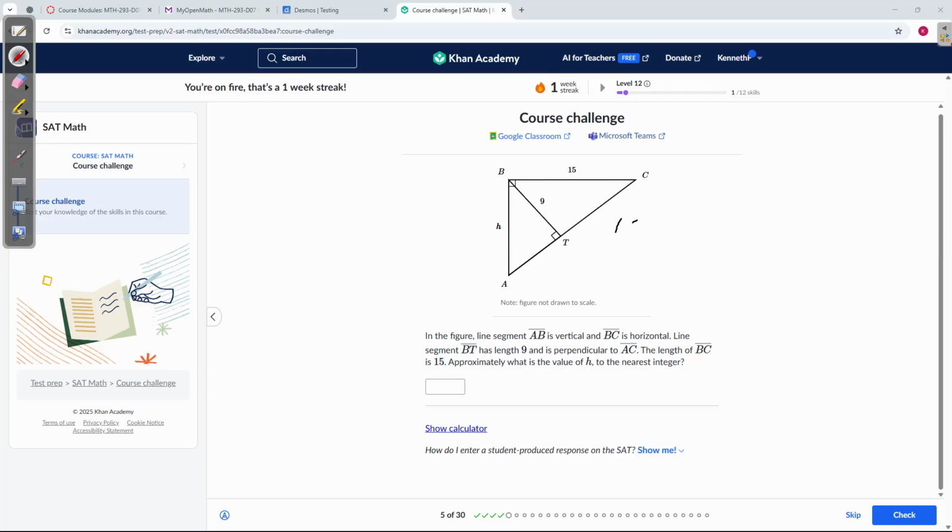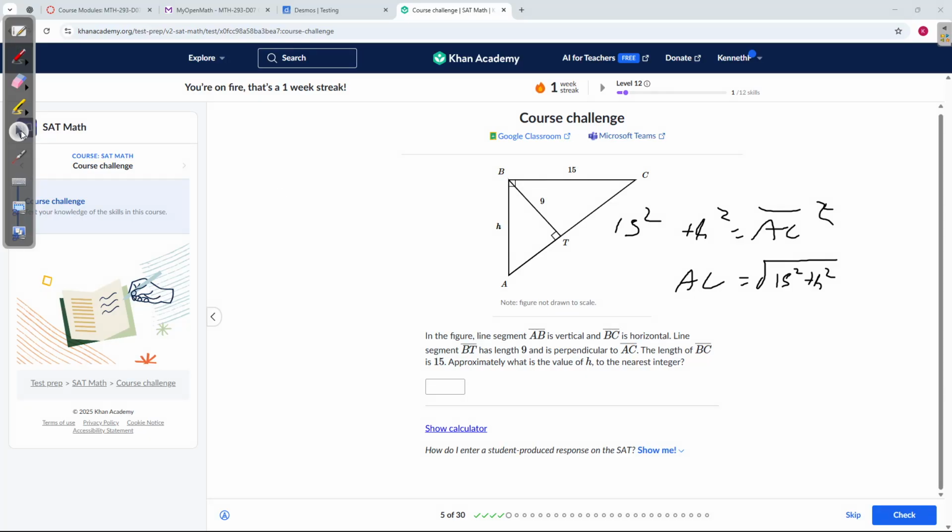Because we get that 15 squared, which is just one side of this big triangle, plus h squared equals AC squared. So we get that AC equals the square root of 15 squared plus h squared.